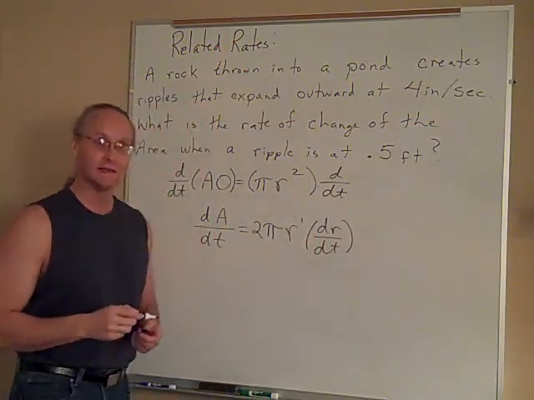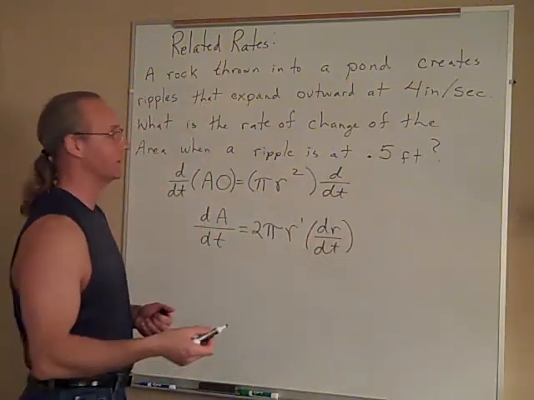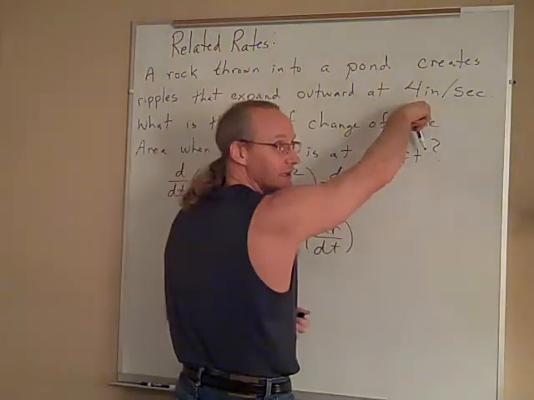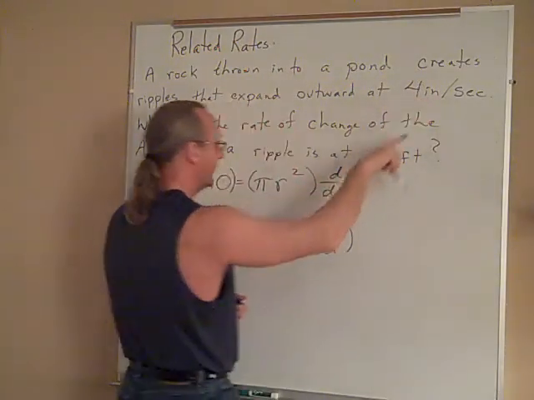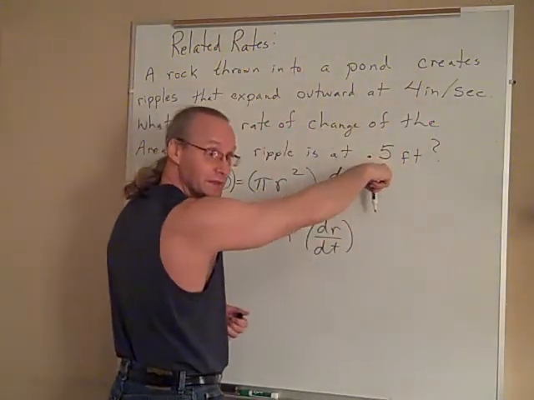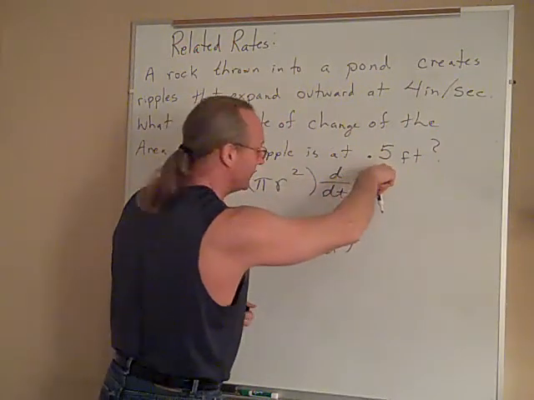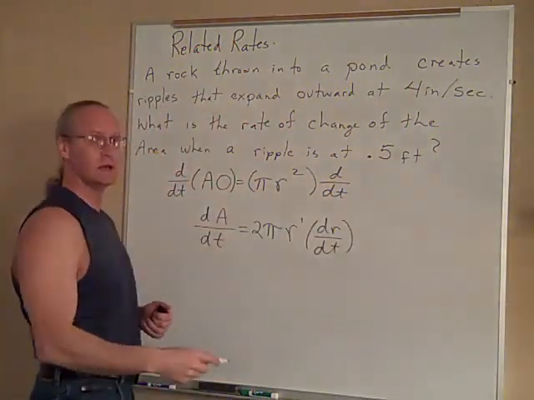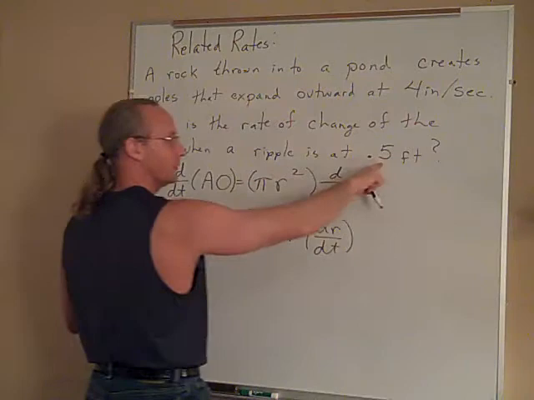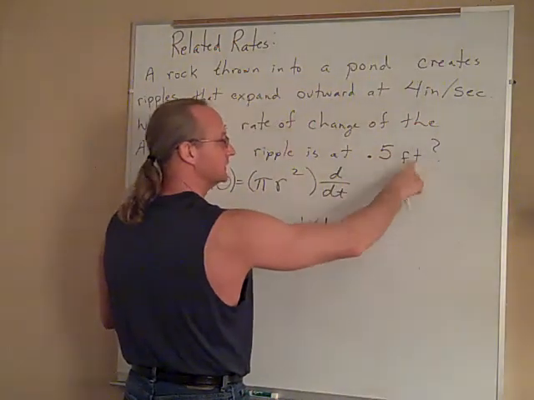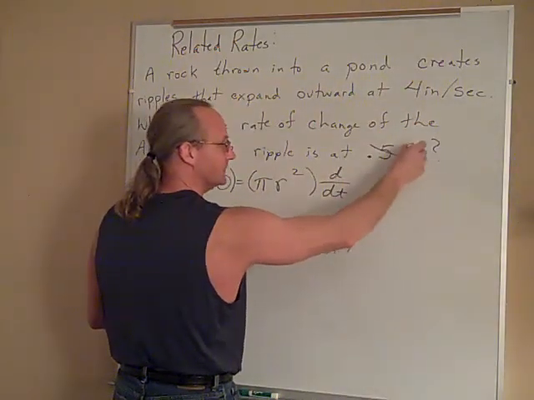Well, here's the thing. Like I said, this is really easy to do. You see, this is dr/dt. And there's the radius of interest. I want to find out how fast is the area changing when the radius is a half a foot. Well, I can't use this. I have to use 6 inches.